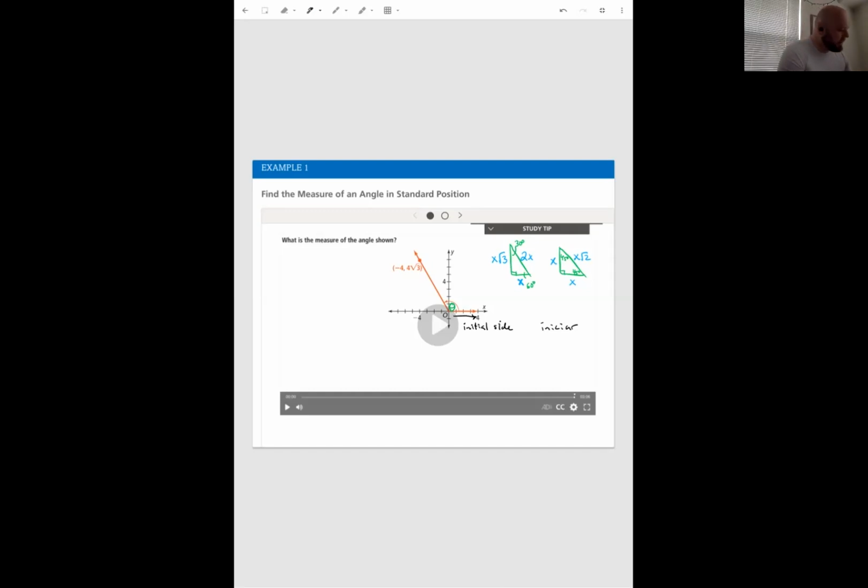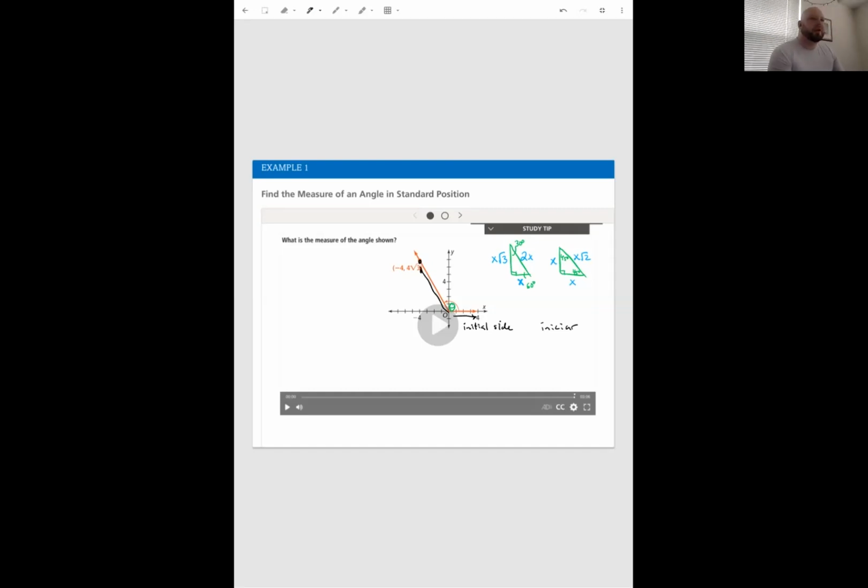Then the ending point, this line up here, always starting from the origin, that side is called the terminal side. Again, I'm going to relate this to Spanish.